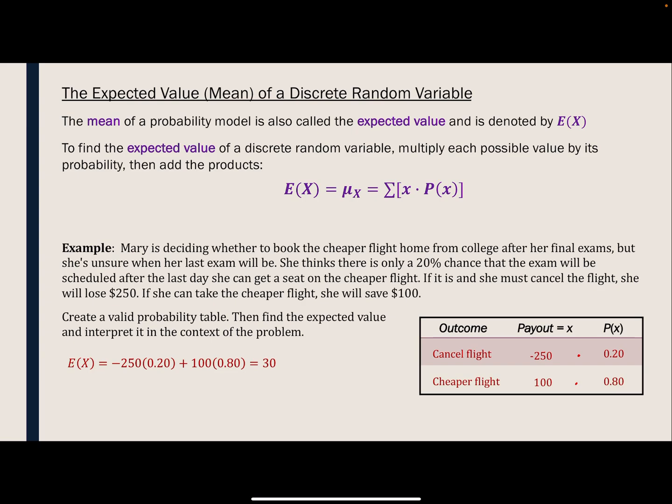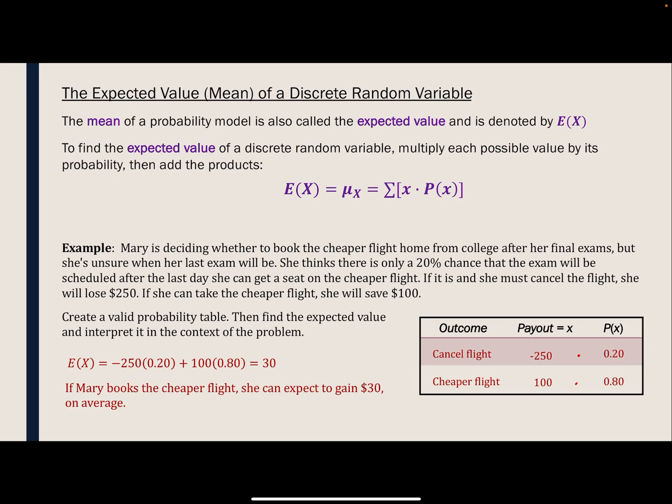What the expected value says is that if she were to be in this circumstance many times and either keep the cheaper flight or cancel the flight and do this again many times, that overall she will come out ahead with $30. But with each individual trial, she's either going to lose $250 or gain $100.